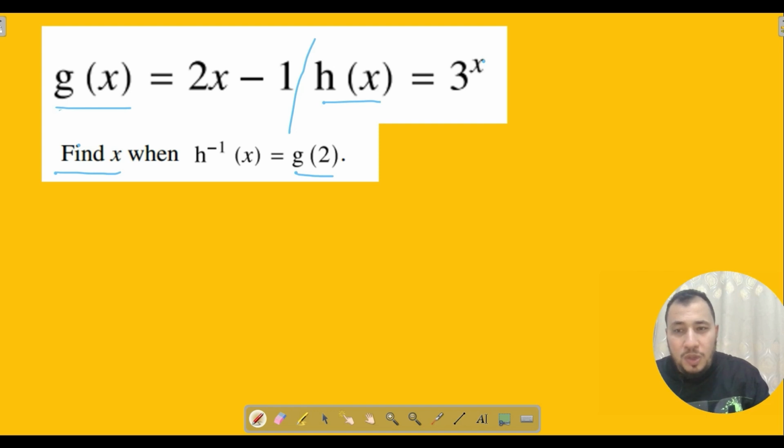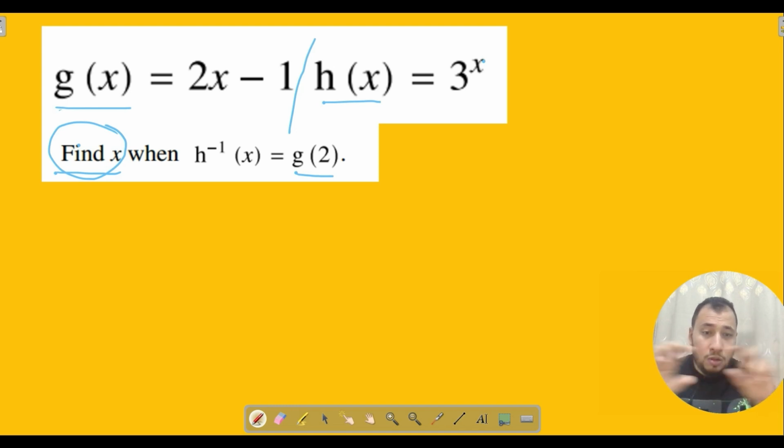Once I see find x, I know already that I have to form the equation and solve it for x. Okay, this is what I am going to do right now. Step by step, please. What is easier for me to find? It's easier for me to find this g of 2.